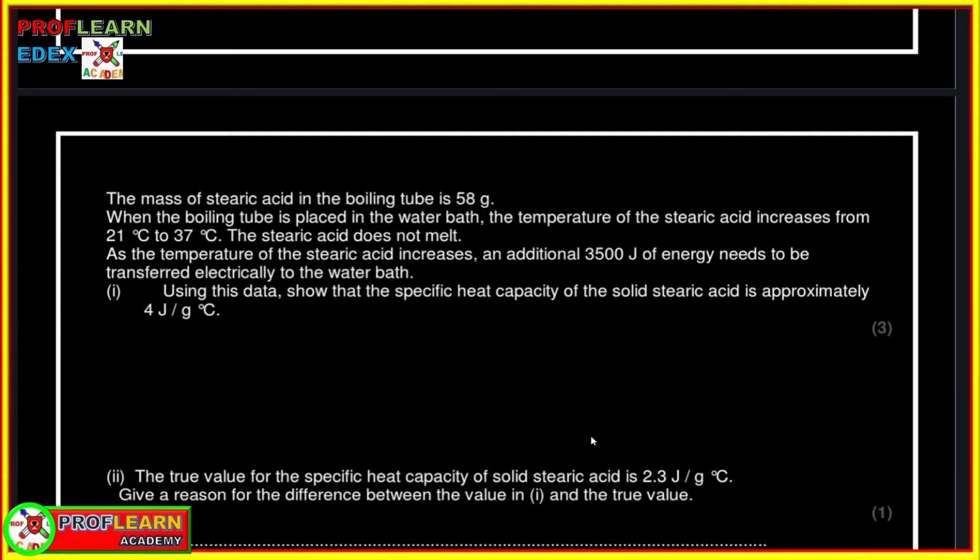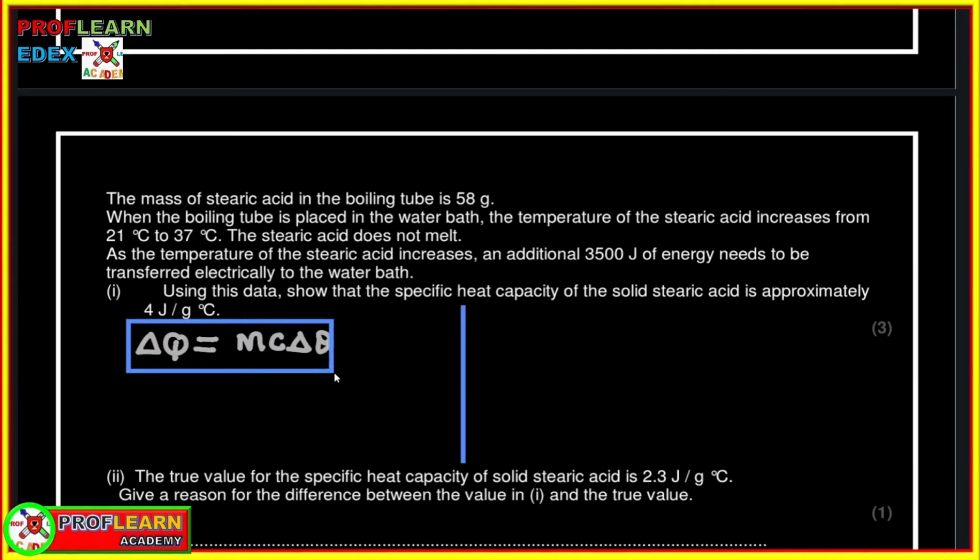For the temperature to increase from 21 to 37, an additional energy of 3500 joules was required. So we can now say the quantity of heat, or change in thermal energy, is going to be the mass times the specific heat capacity times the change in temperature.